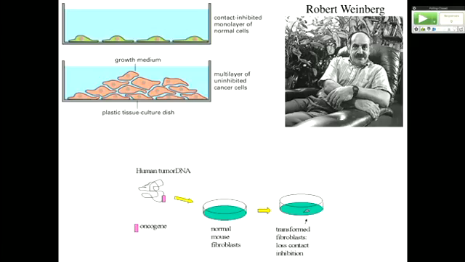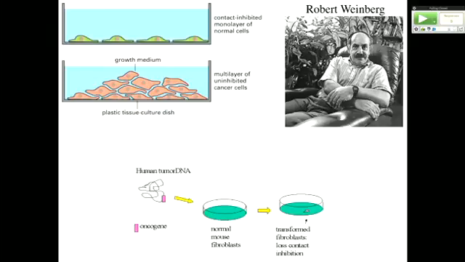And that question was addressed by Robert Weinberg. It was actually addressed simultaneously or in parallel by several groups, and the first to get the answer was Robert Weinberg's group at MIT. And what he did was the following. He took a human tumor cell line.